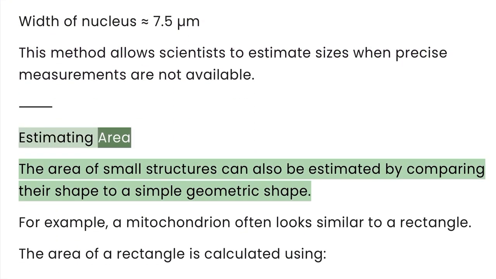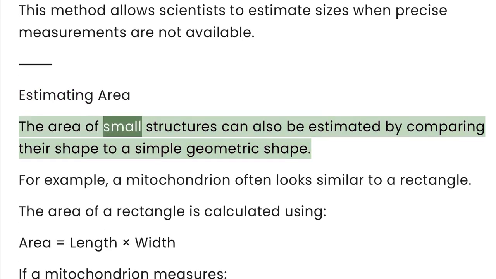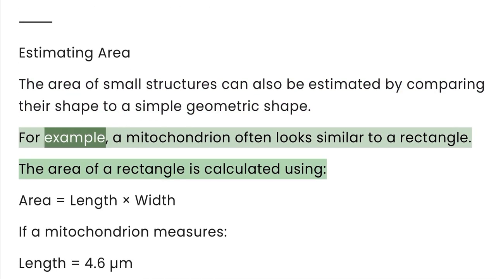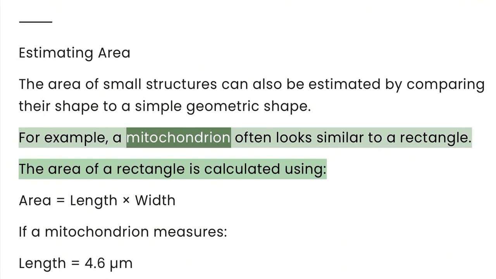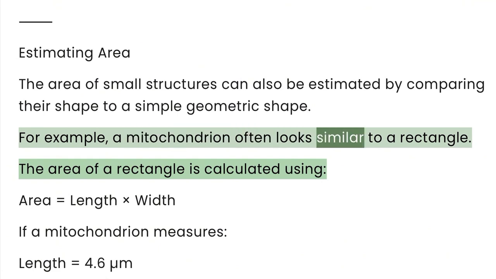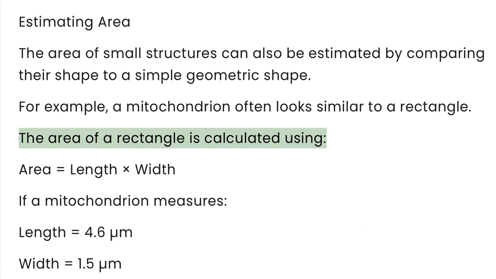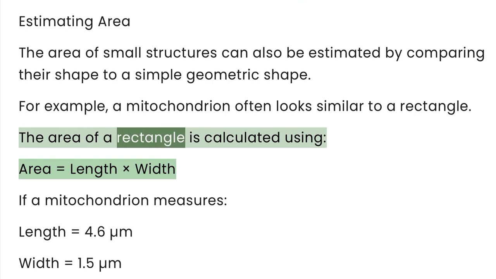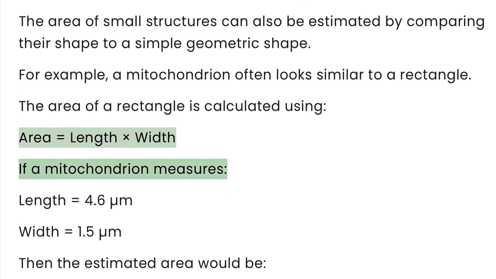Estimating area. The area of small structures can also be estimated by comparing their shape to a simple geometric shape. For example, a mitochondrion often looks similar to a rectangle. The area of a rectangle is calculated using area equals length × width.